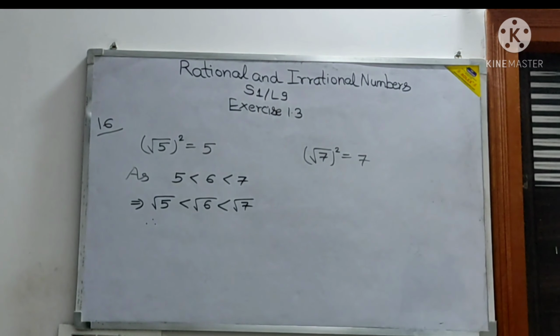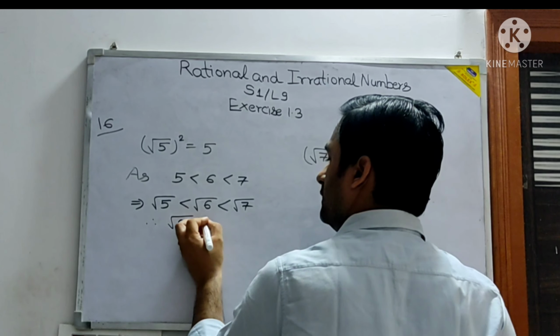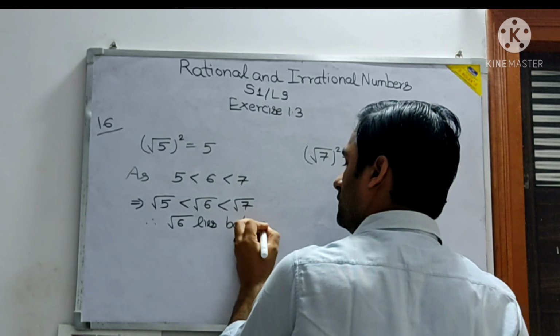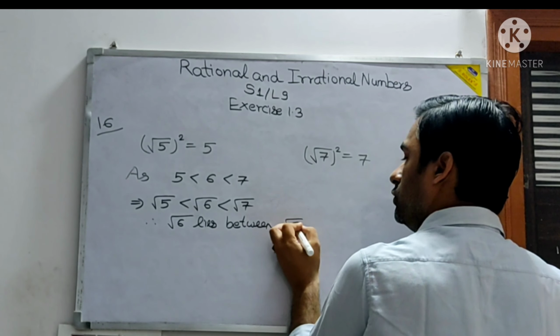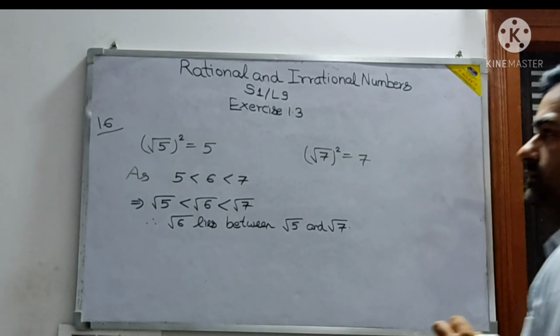Therefore, root 6 lies between root 5 and root 7.